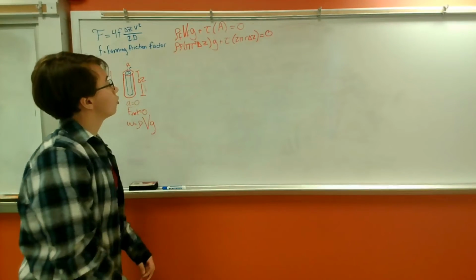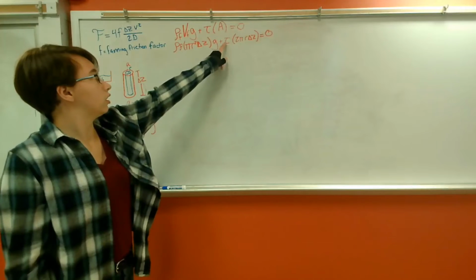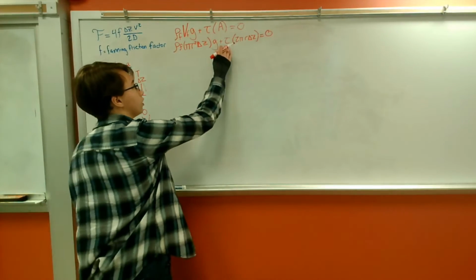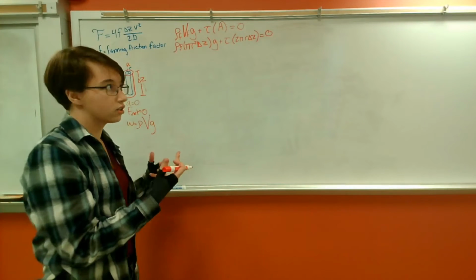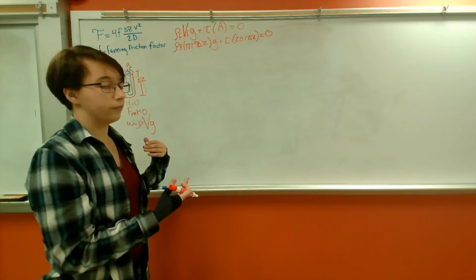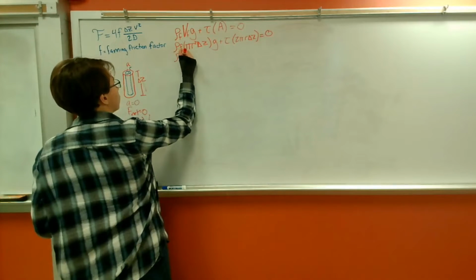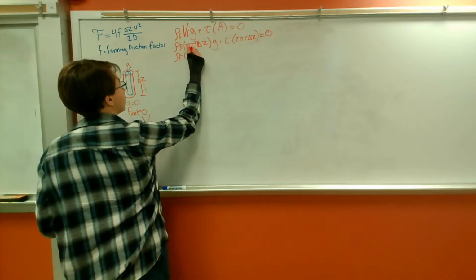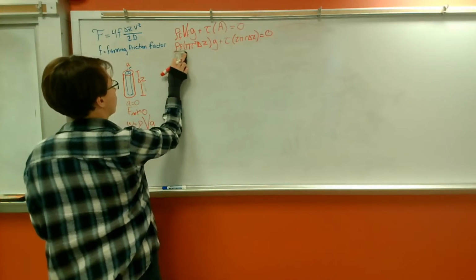Okay, so next thing we can do is substitute for shear stress. We know that by definition shear stress is viscosity times dV/dr. So we put that in. This term remains the same. Well, actually, we can cancel some things too.